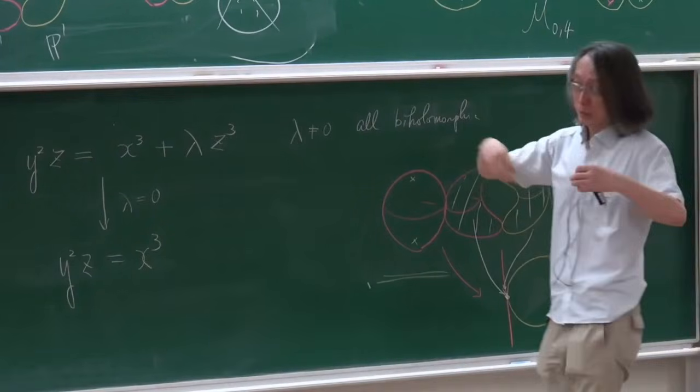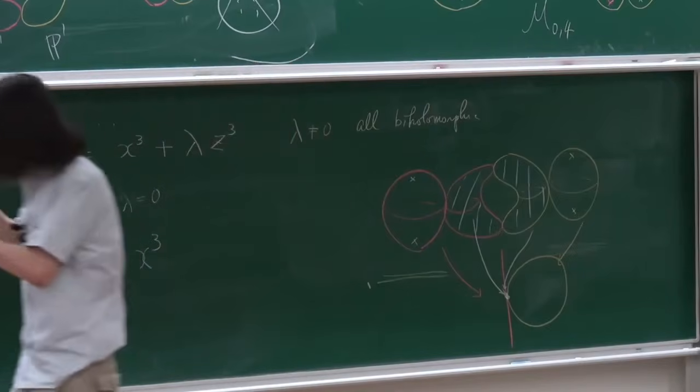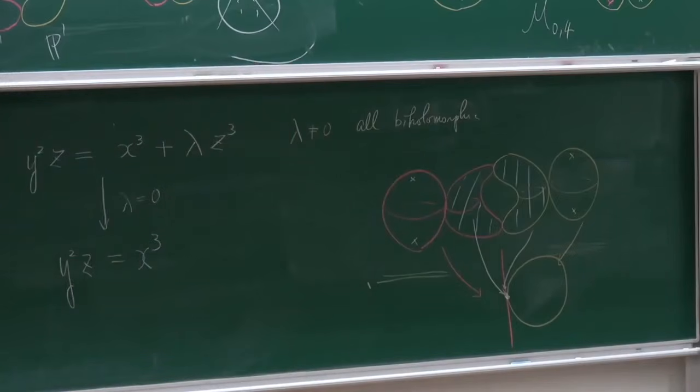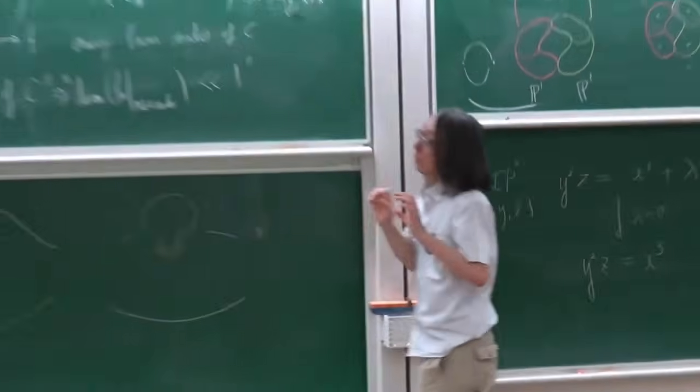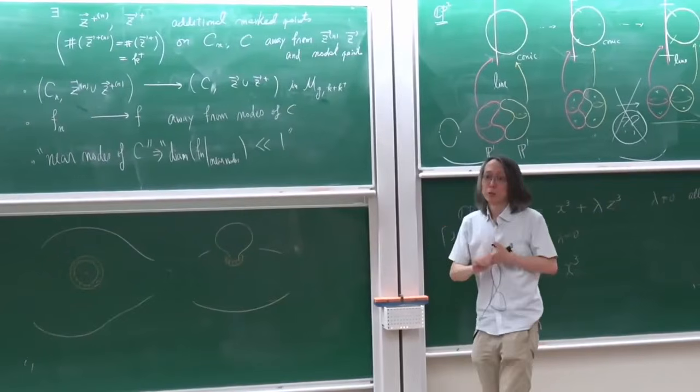They have to be kept apart. So after taking such additional mark points, we can also handle the bubbling phenomenon. And such a thing only happens finitely many times, because each non-trivial sphere component has certain energy, but the total energy is bounded. So you have only finitely many such possibilities.